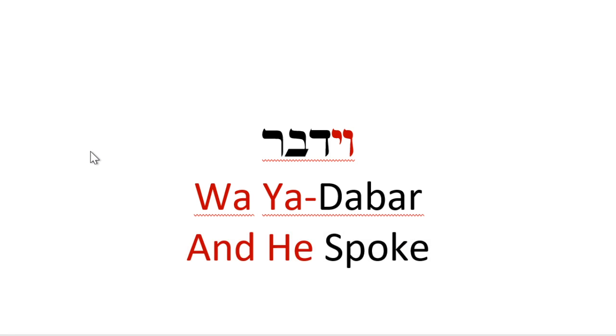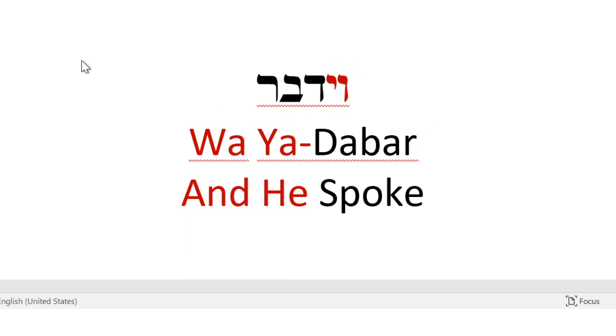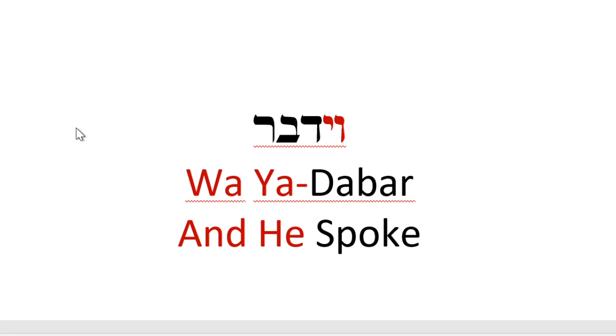Now we're going to move on to a few more examples, and then we'll try to provide some biblical examples of some of these words that we're showing you with the prefix along with the root word.